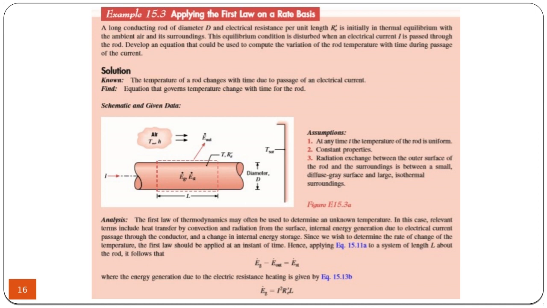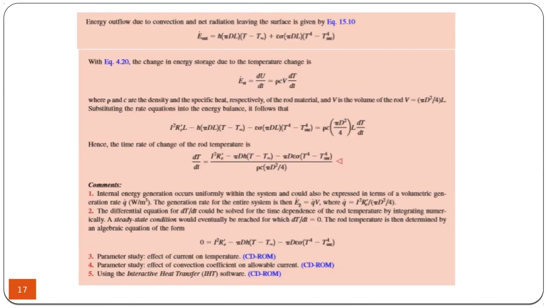What is the physical situation? There is a conducting rod, current is passing through it, while there is convective heat loss around. So we're going to develop a mathematical model for this, but we're not going to solve it because it's complicated. So what is E out? E out is the energy loss due to convection plus energy loss due to radiation.